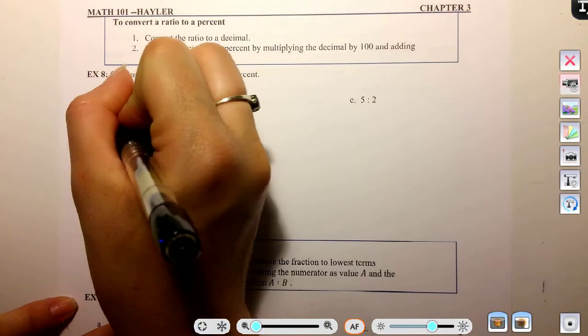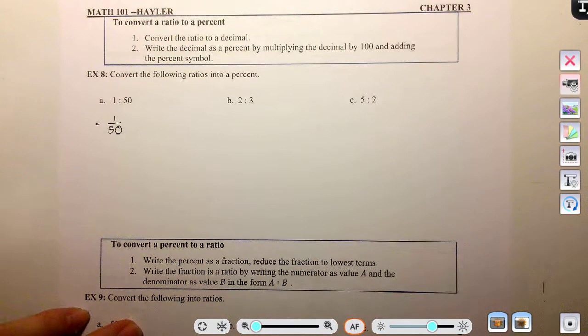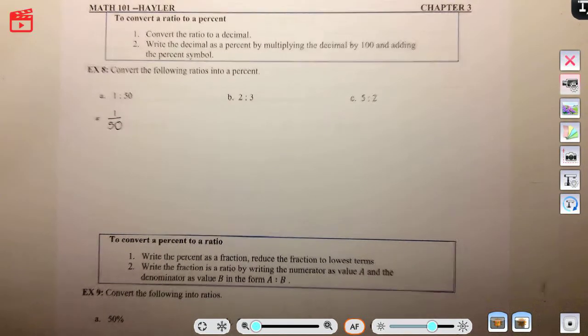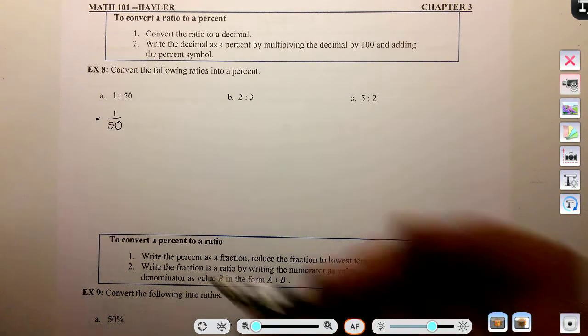Well, to do that, let's first make it into a fraction, 1 over 50. Well, 1 over 50 as a decimal, what would that be? Well, let's do the division.